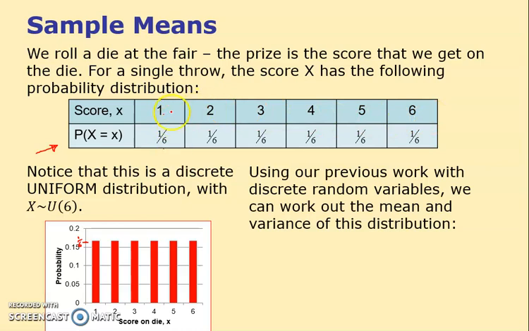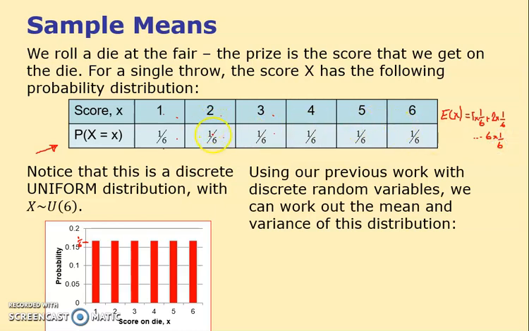We can put this into our calculator because it's a discrete random variable and work out the probability, or you could work out E of X properly. E of X equals 1 times a sixth plus 2 times a sixth, etc., all the way up to 6 times a sixth.